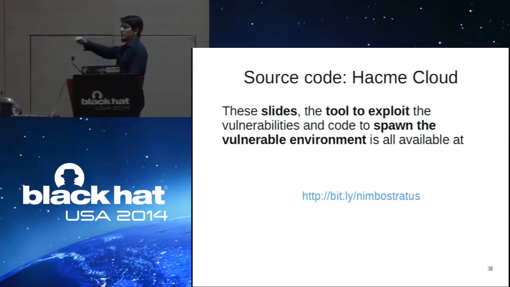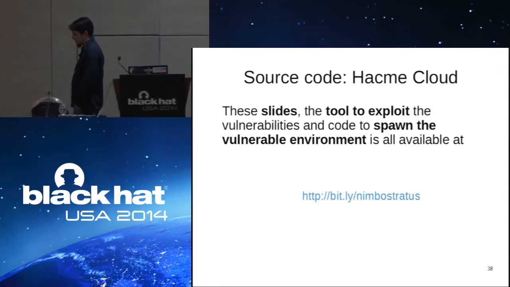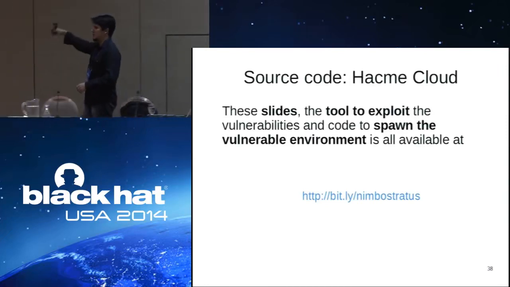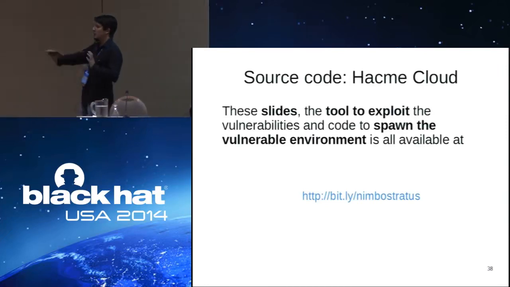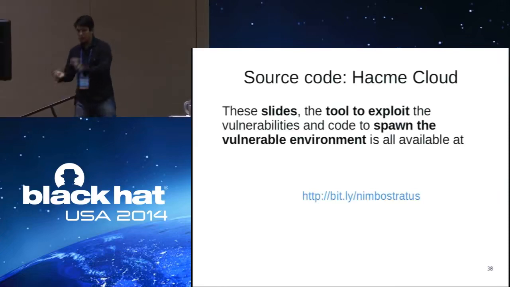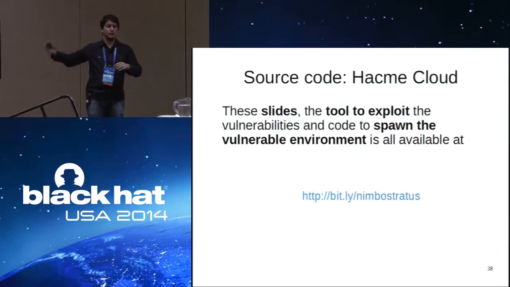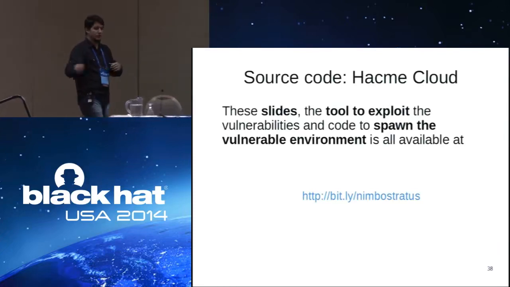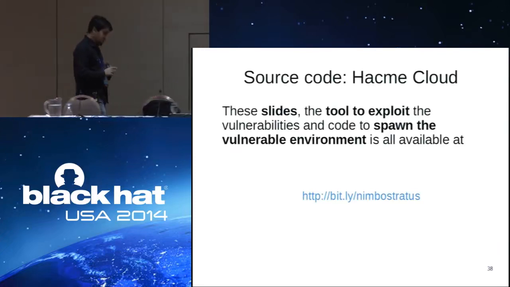So you run that script, you wait for, let's say, 10 minutes until Amazon does all the magic, and you have all the same environment running there. And then you can use Nimbus Stratus to attack it, to learn, to modify it, and to do whatever you like.